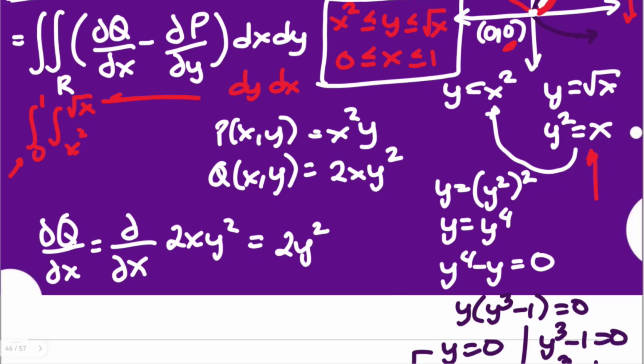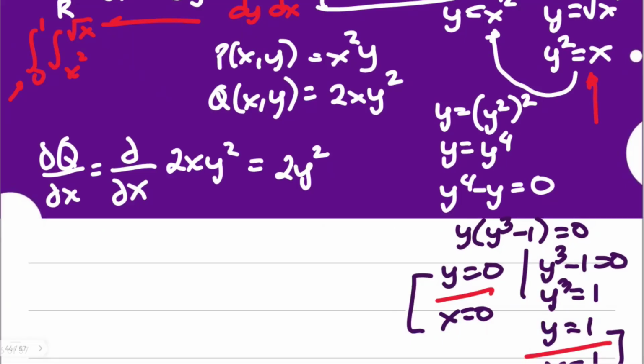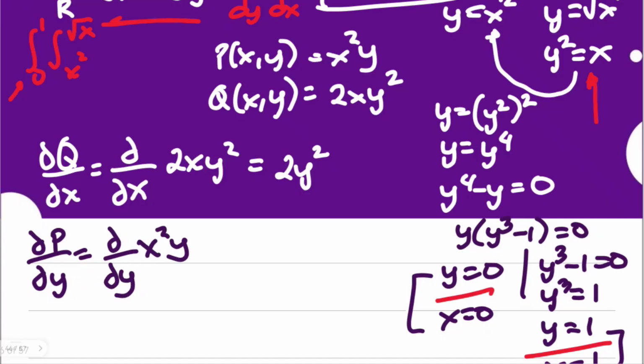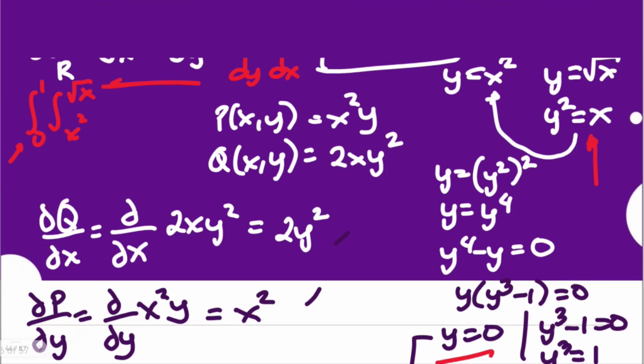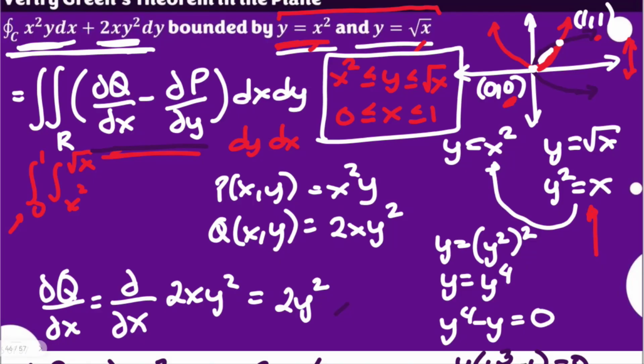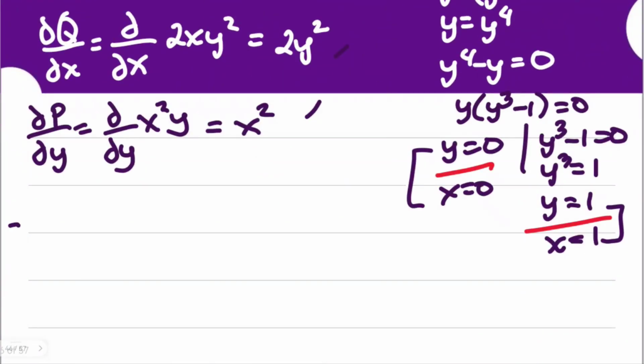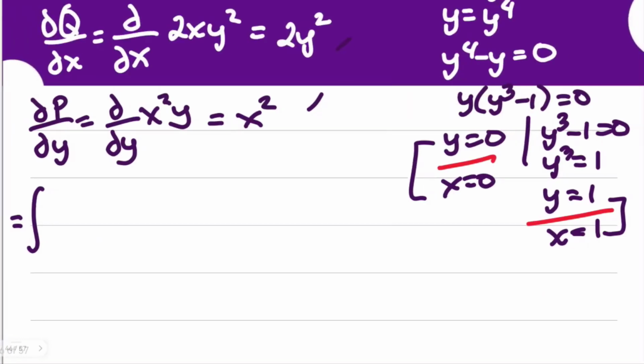Yeah, that's 2y squared. For our second partial derivative, okay? So the partial derivative now of your p function with respect to y, our p function is actually x squared y. But now with respect to y, treating x squared as constant. So with respect to y, that's just x squared. These are now the items we need to plug in here. So allow me now to use the correct double integral form, and probably I might be using some additional spaces or pages later on.